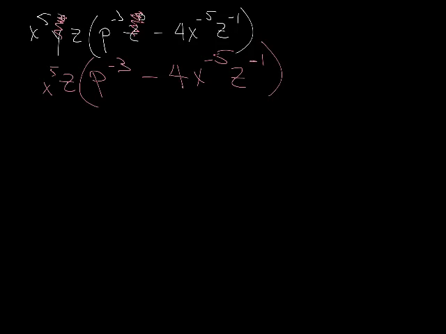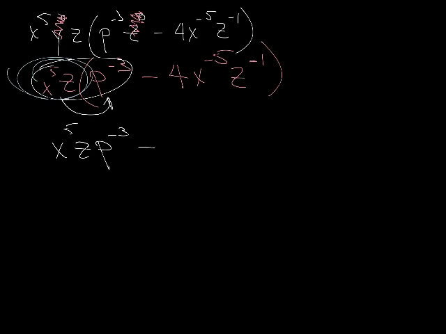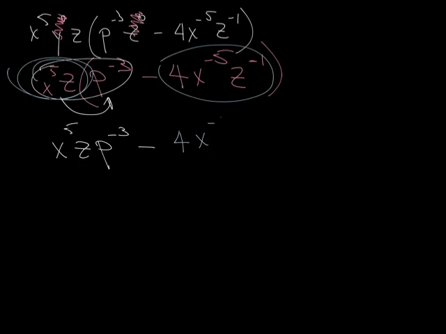Okay, so let's look at our multiplication. Let's take this times this, and we get x to the 5th z p to the minus 3. Since we can't combine anything, we just stick them together. And the same here. We're going to take this and stick it together with this. We don't have anything to multiply 4 by. I've got a 5 on the x, plus negative 5 for this one here.